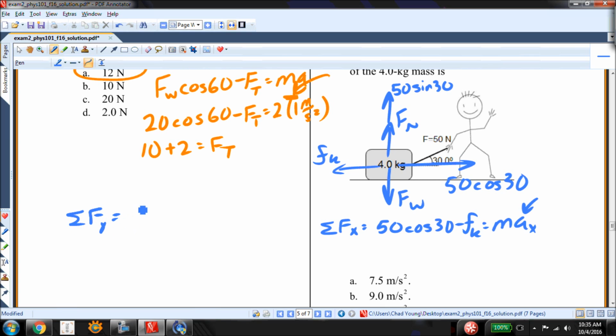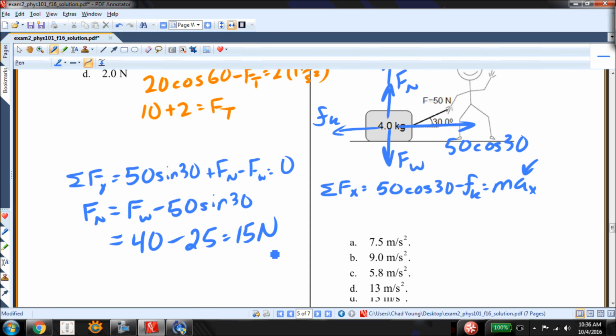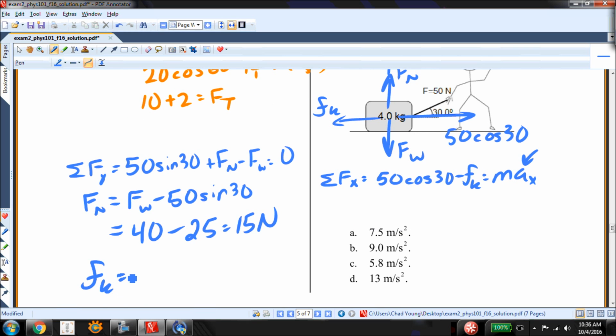So the sum of the forces in the y, that's 50 sine 30 plus Fn minus Fw equals 0. That's going to be Fn will equal Fw minus 50 sine of 30, which is equal to 40 minus 25, which is 15 newtons. So that's my normal force, and then my kinetic frictional force will equal the coefficient, which is 0.5, times 15 newtons.